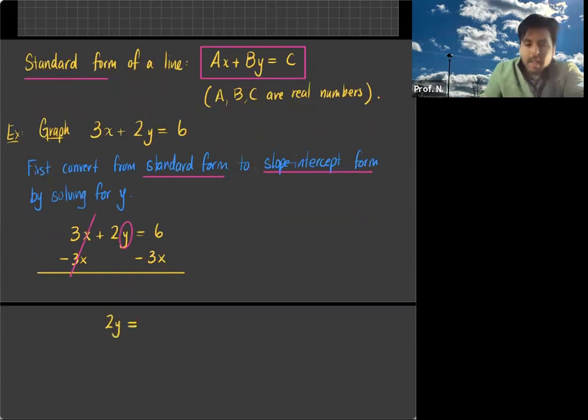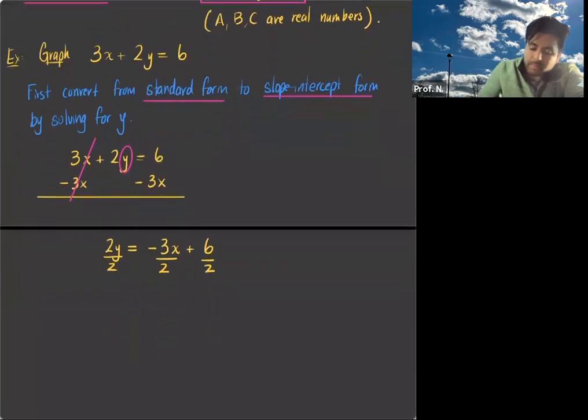And on the right I can write 6 minus 3x, but normally we have the x term first, so I'm going to write it as negative 3x plus 6, same idea. Then, because I have this 2 in front, I need to divide by 2 on both sides. The 2's cancel, and I get that y equals negative 3 halves x plus 3.